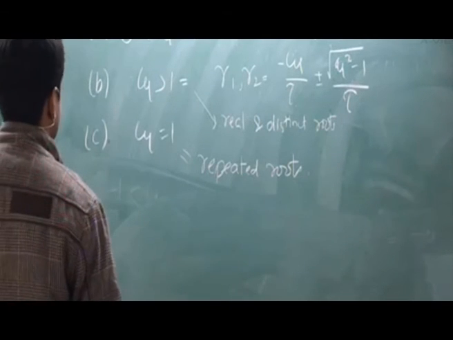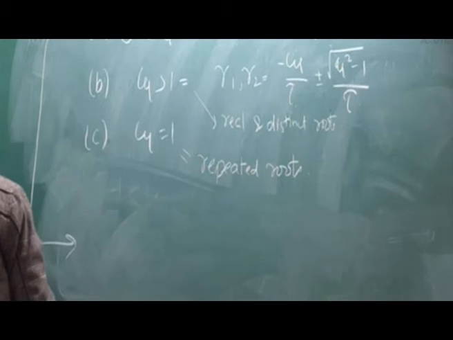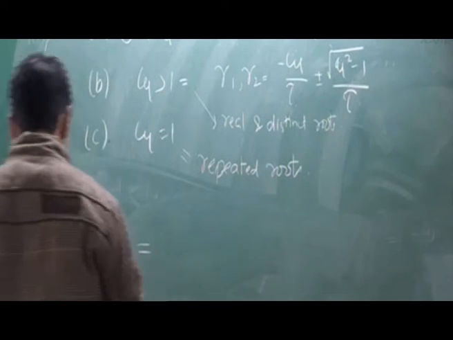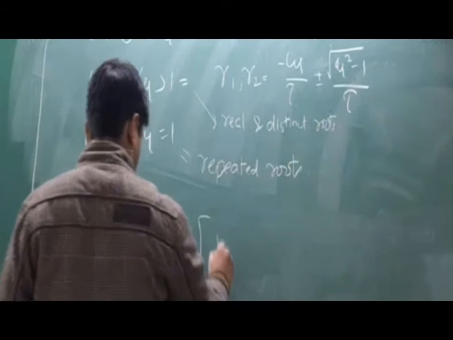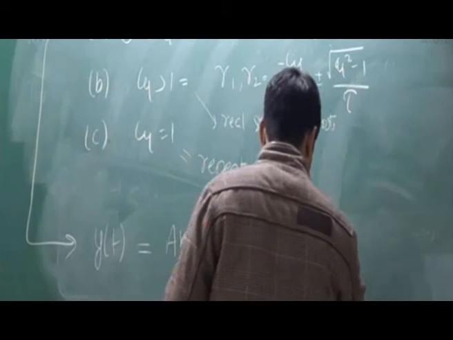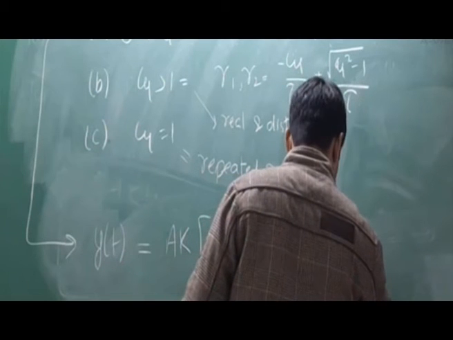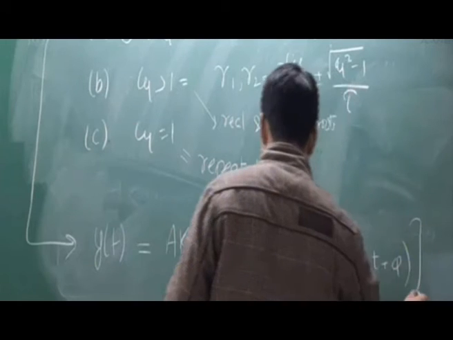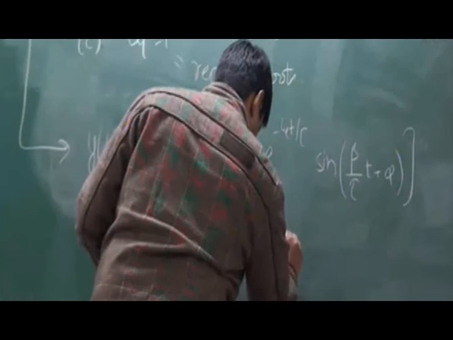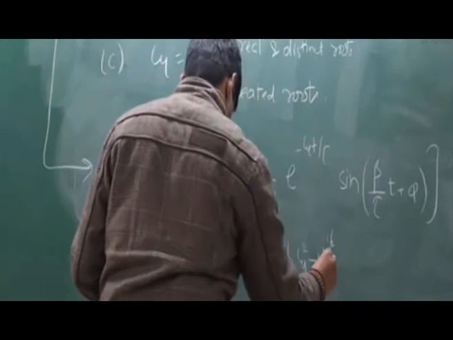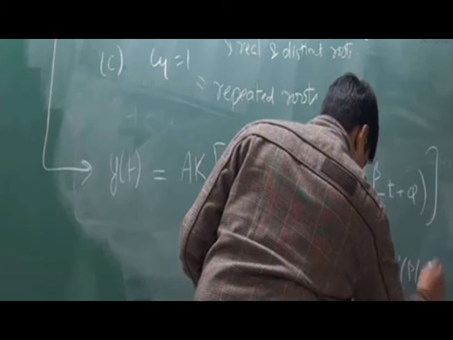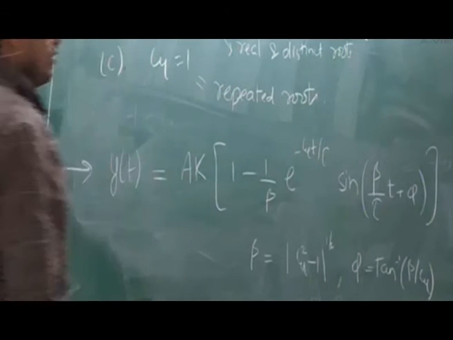Now proceeding further with case A, I will write directly the time domain signal, and it would be... where beta is... Okay.